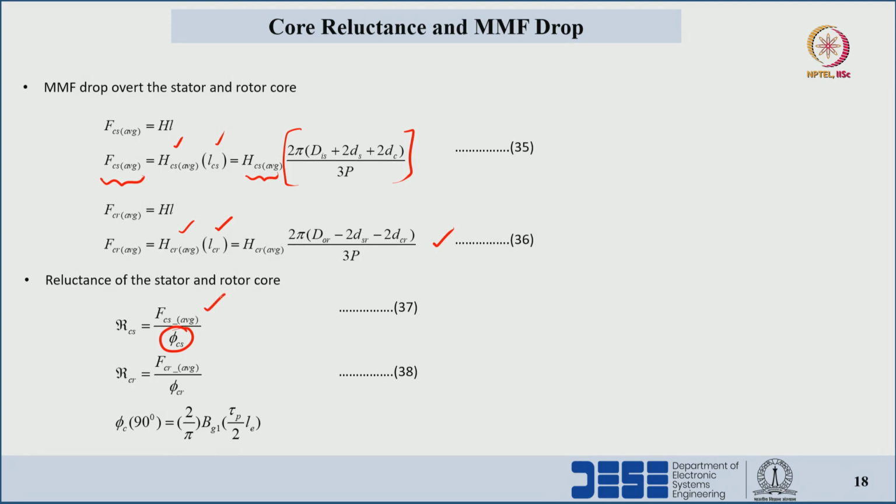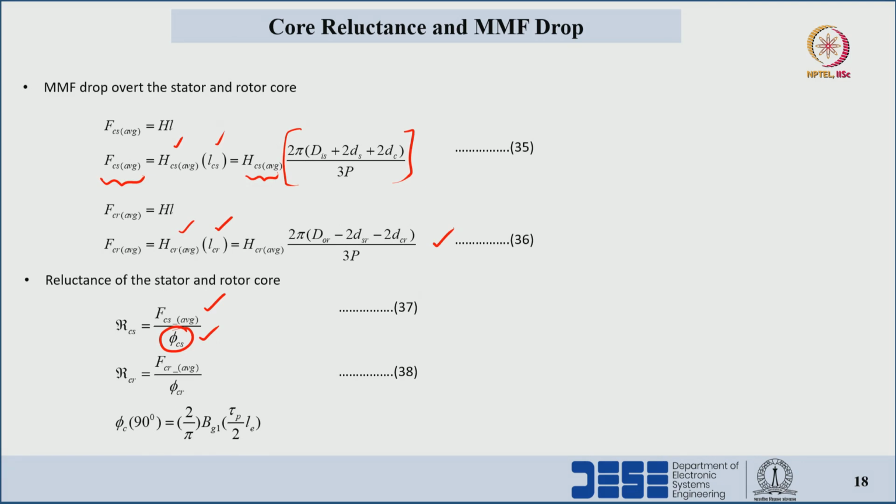Based upon the MMFs and flux values, we can find the reluctance of the stator core as well as the rotor core. Reluctance of the stator core is equal to the MMF drop with respect to the stator core divided by the flux in the stator core, back iron.